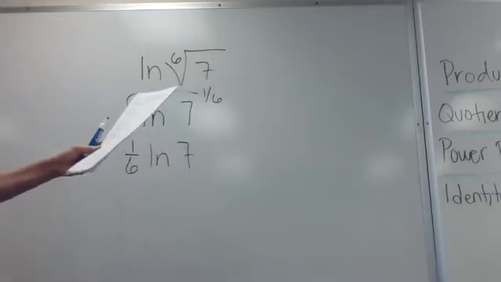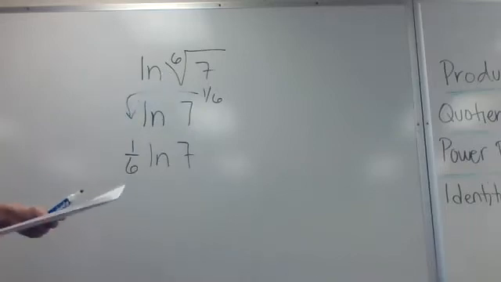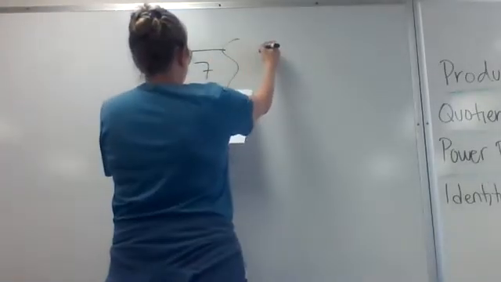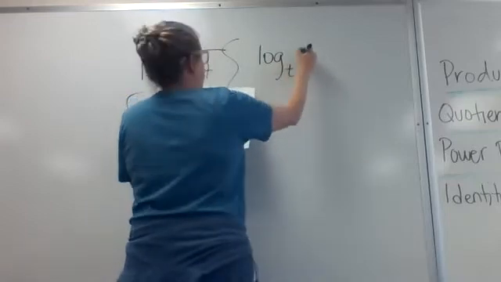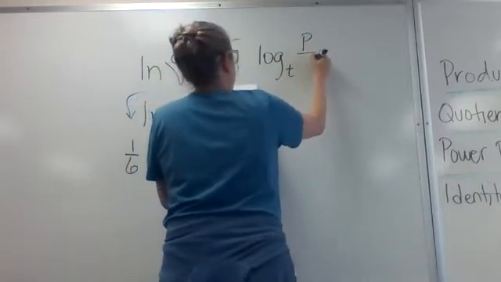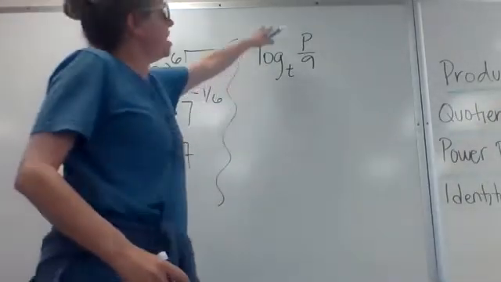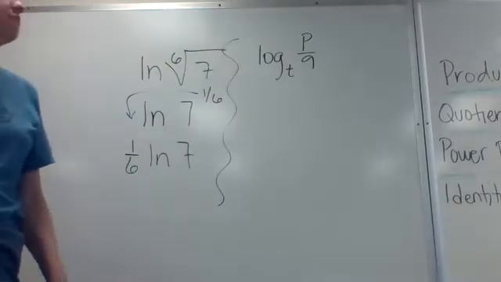Numbers 5 and 6 say express as a difference of logarithms. So that was 4. This is 5. Log base t of p over 9. So it's written as a quotient and asking me to express it as a difference.